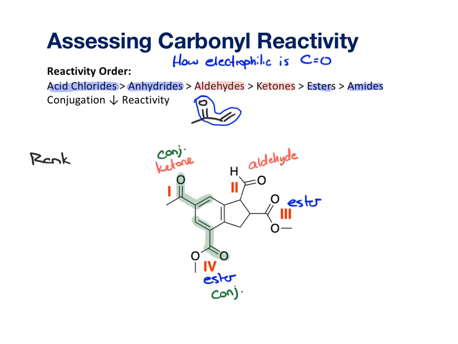So we'll make this number 1, most reactive. From there, next we have a ketone. That's number 2. Then for 3 and 4, we have esters. One ester is conjugated, one is not. So the unconjugated ester is a little bit more reactive than the conjugated ester. So that'll be 3 and 4, least reactive.